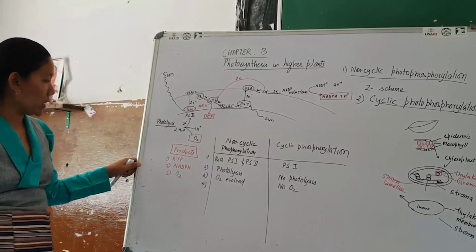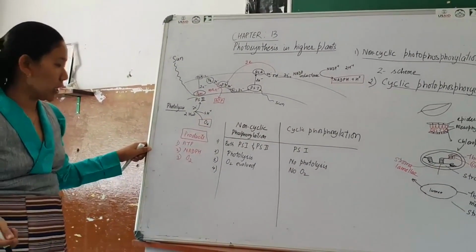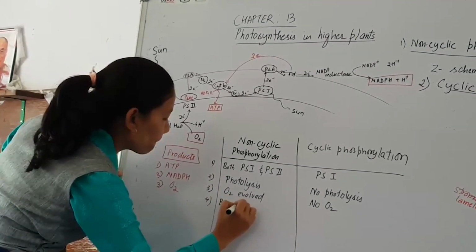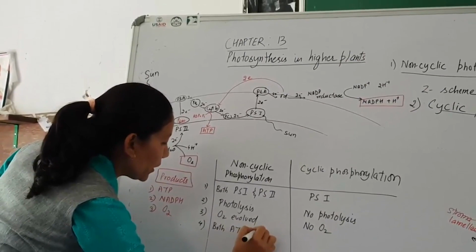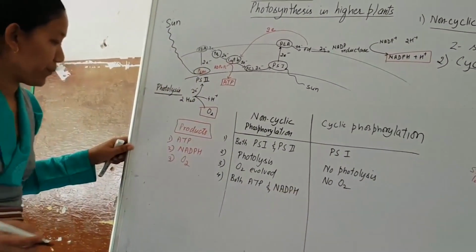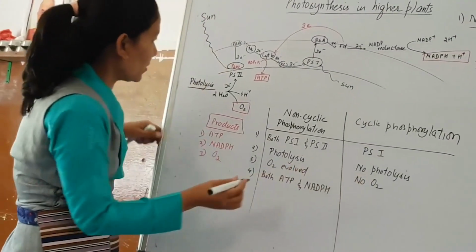Now the fourth one is talking about the product. Here in non-cyclic, both ATP and NADPH are produced.